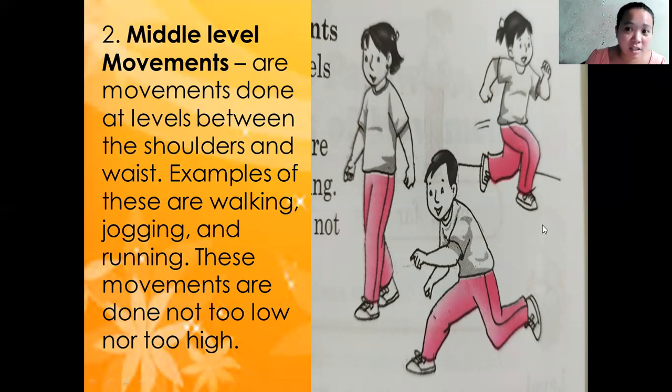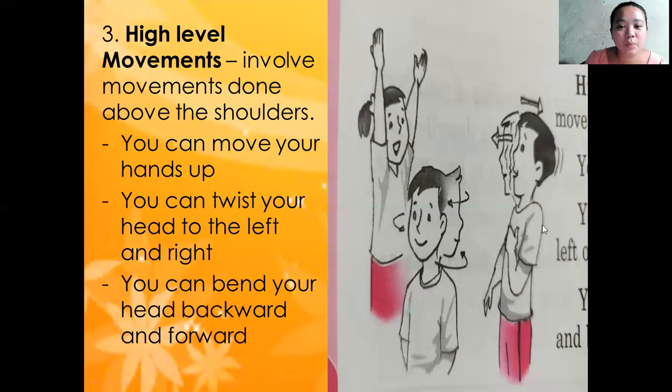Next, the last one, the high level movements. It involves movements done above your shoulder, from here going up. Okay, so the examples are when you move your hands up. So this one is high level movements. When you twist your head left to the right, it is a high level movement.